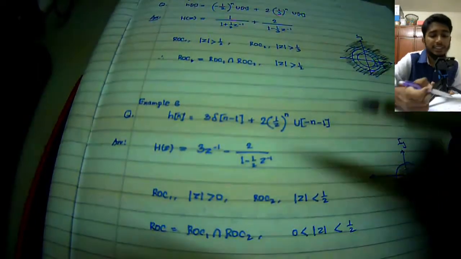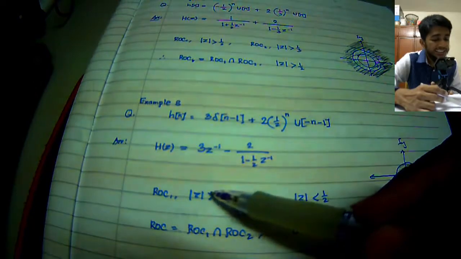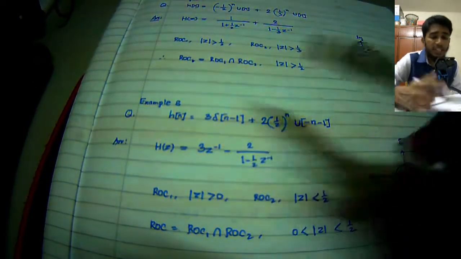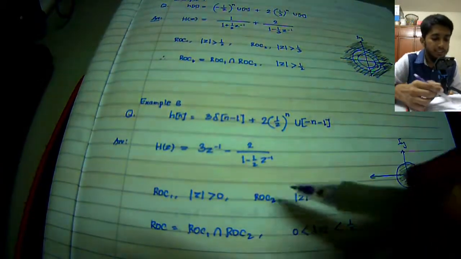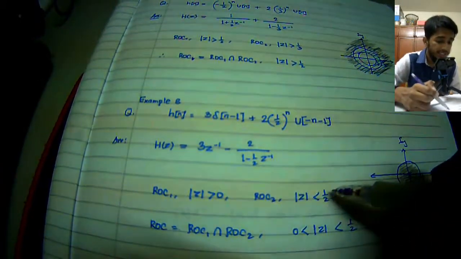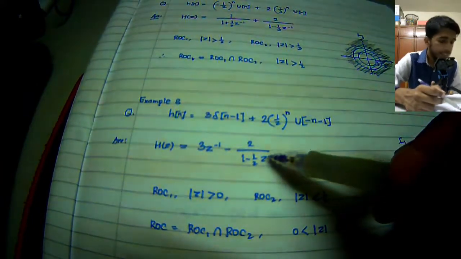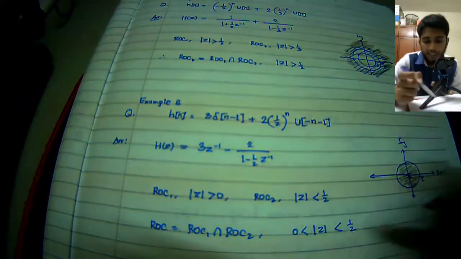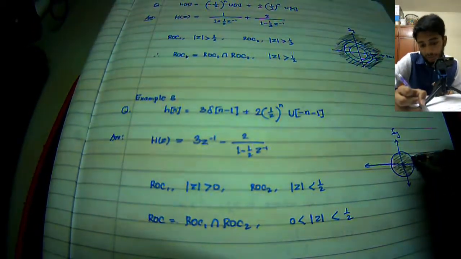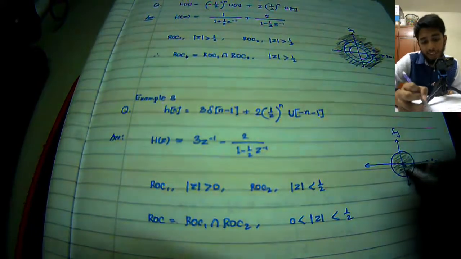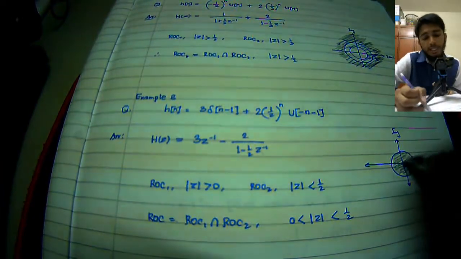And for the ROC it's the same as before. We can see that for the first one our ROC is z greater than 0. It can be any number basically. On the other hand, for ROC2 we see z is less than half, and from here if we do the intersection of z greater than 0 and z less than half, you will find z is in between 0 and half.